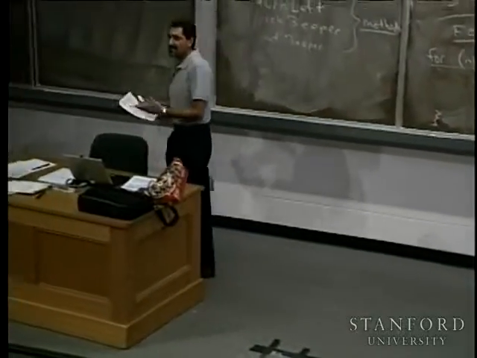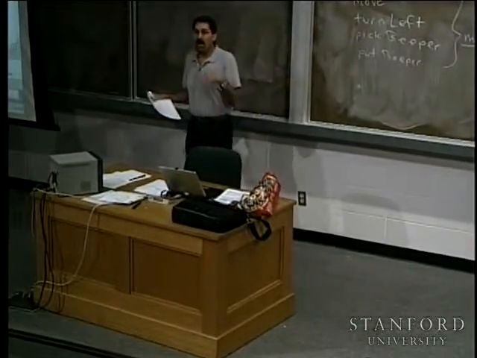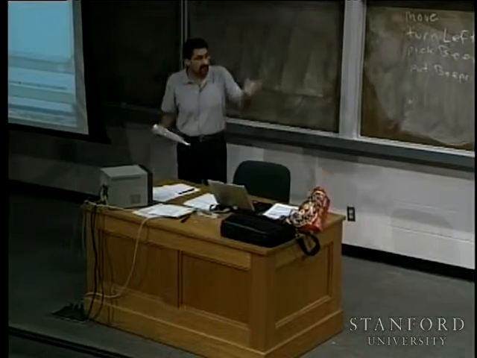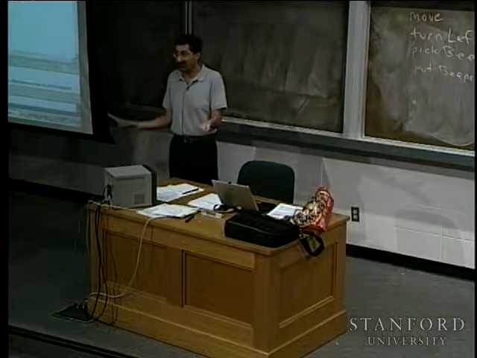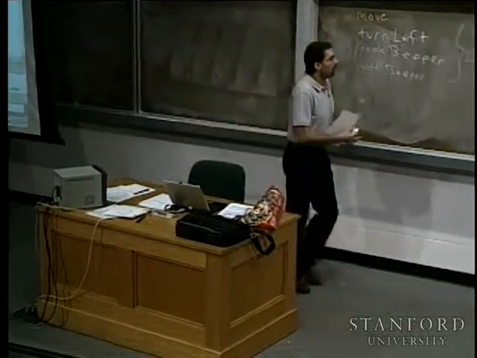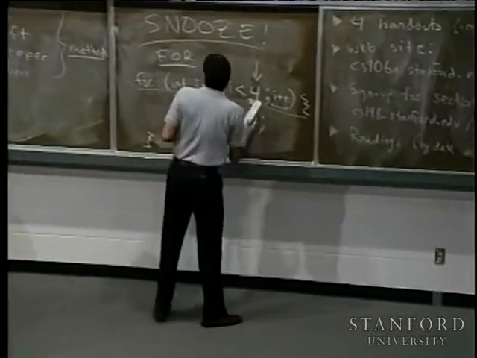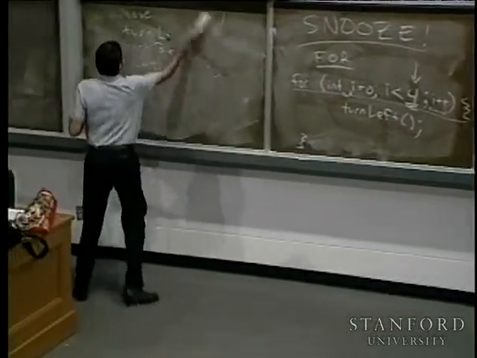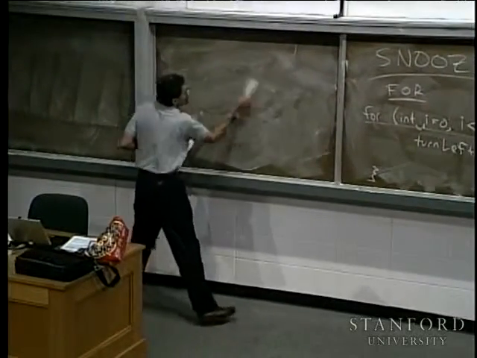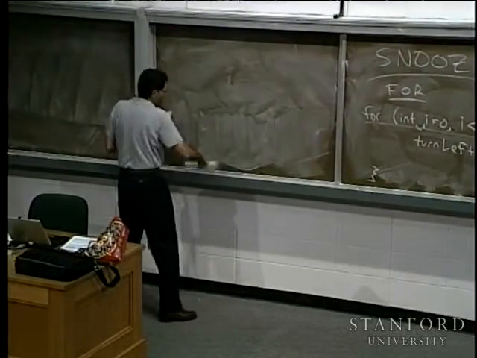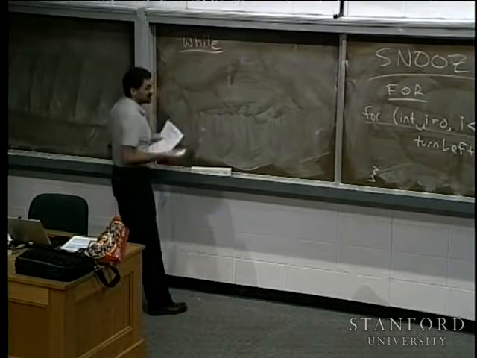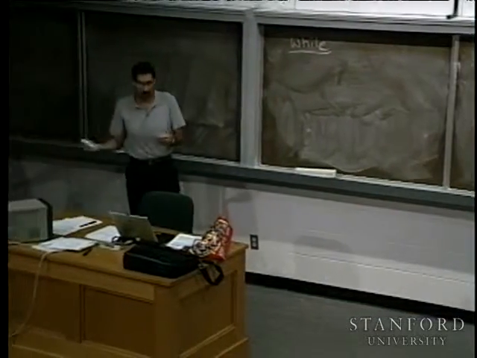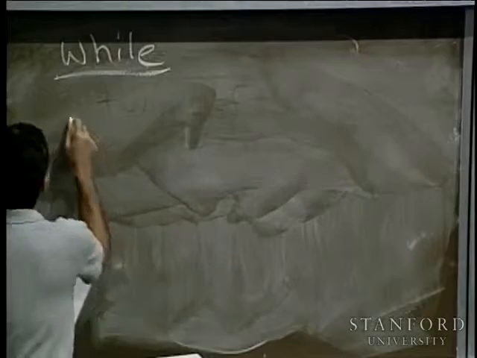So sometimes we just don't know when the program starts. What we want to say is, do something while some condition is true. Like keep going forward as long as there's no wall in front of you, and when there's a wall in front of you, stop going forward. The way we do that is with something called a while loop. At this point, hopefully you're intimately familiar with all of Karel's instructions.